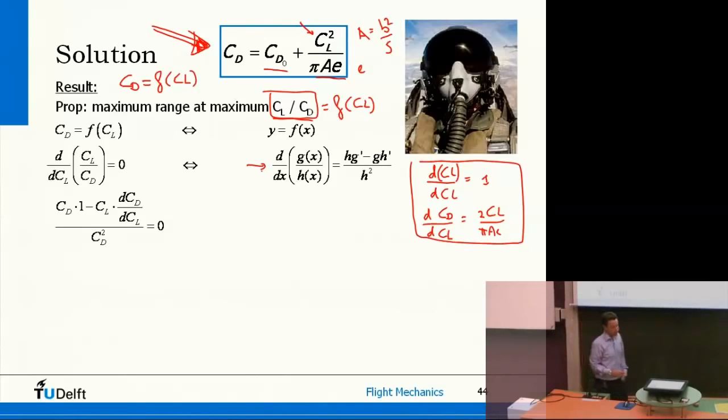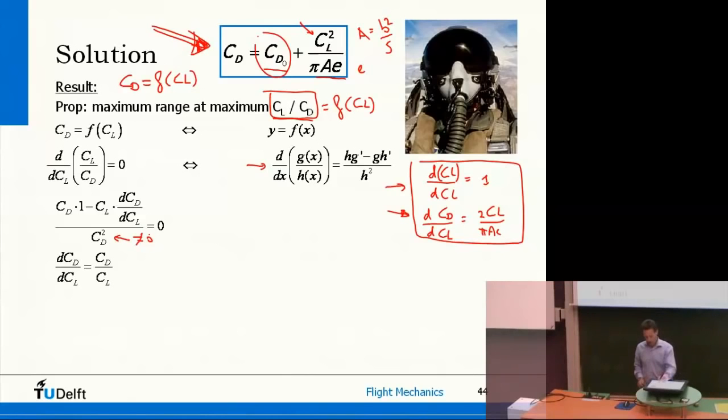So the top side has to be equal to 0. If I work that out, I find the derivative of CD to CL is equal to CD over CL. Okay? Now, I already have the derivative of CD to CL over here, and I have this function of CD on the top, so I can fill that in, and this is then what I get.